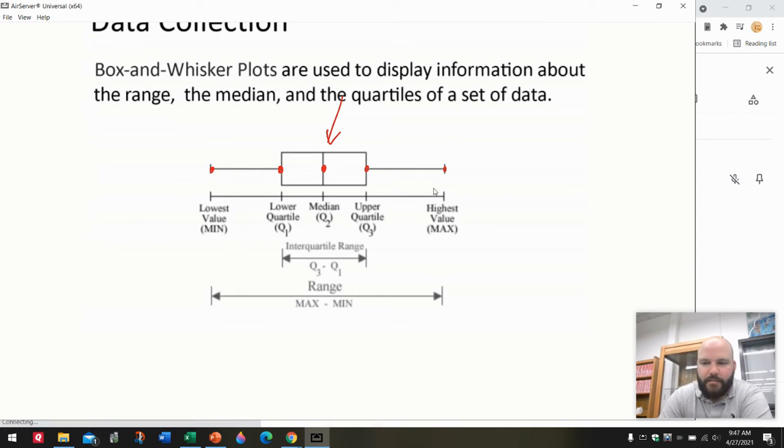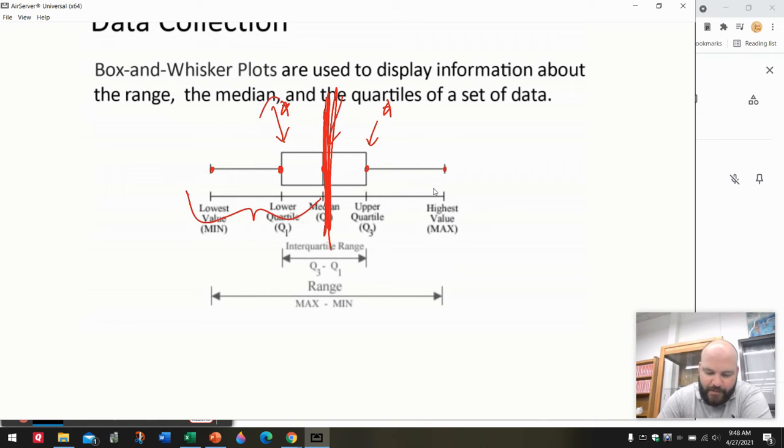Okay, the next values you would need to look at, and I'm going to talk about them both at the same time, are the lower quartile, which is this first one, and the upper quartile, which is the second one right there. They are the median of your lower half and upper half of data. As an example, if you had a bunch of numbers and you cut those numbers in half, and then found the middle of what is left, that is called the lower quartile.